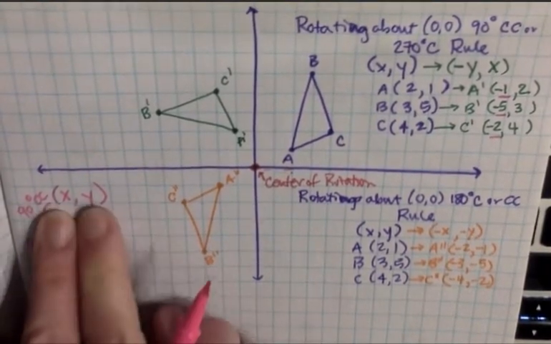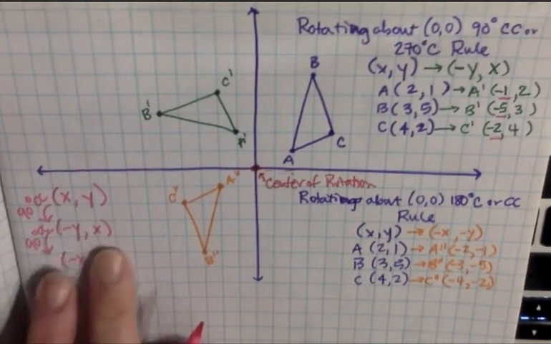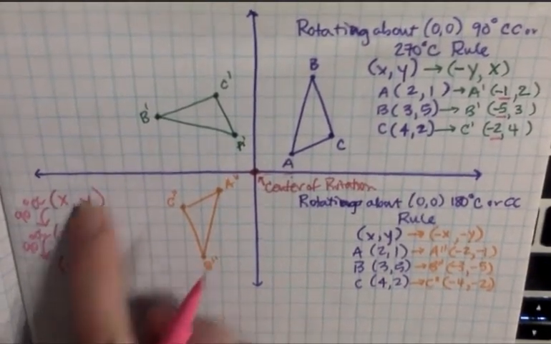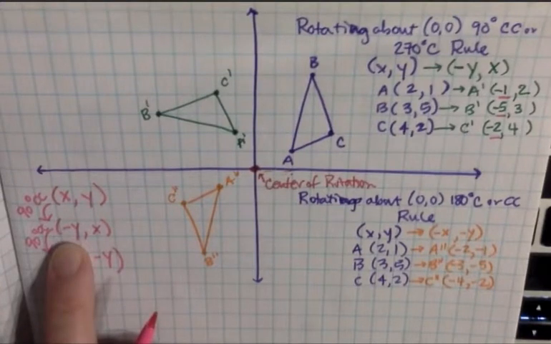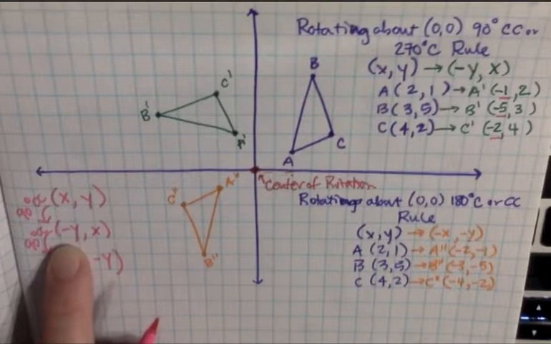So for this coordinate pair, the x, y became -y, x. Okay, so the y value moved up here to the x value spot. The x value moved back, but the y value also changed from negative to positive.